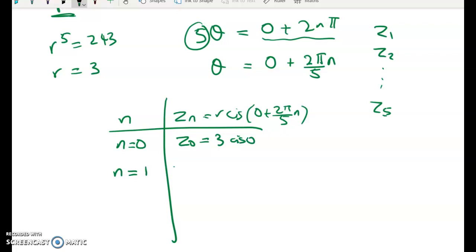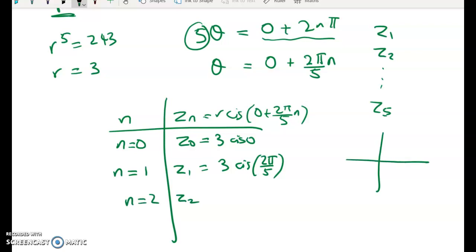When n equals 1, we get z1 is equal to 3 cis 2 pi on 5. I'm going to show you what these look like at the end. N equals 2, so just thinking about where we're working, we've got 3, 2 pi on 5. Now we're going to have 3 cis of 4 pi on 5. That's a 4 there, so around here.